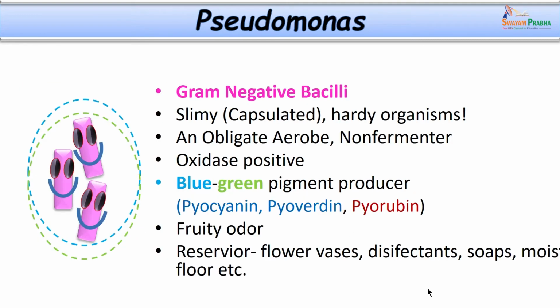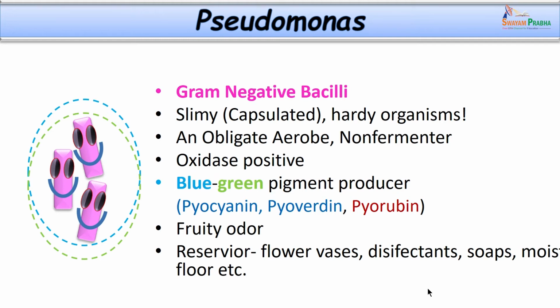Coming to Pseudomonas, it is a short gram-negative bacillus. The medically important Pseudomonas genus consists of about 10 important species which can cause infections in human beings. They have a very mild polysaccharide capsule. That is the reason that when we see these organisms in cases with cystic fibrosis, we see their sputum being very sticky or slimy.